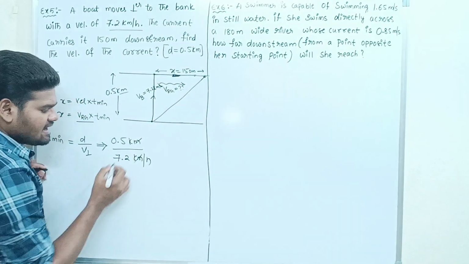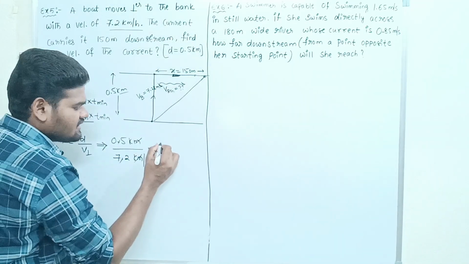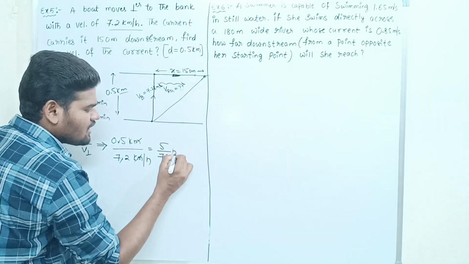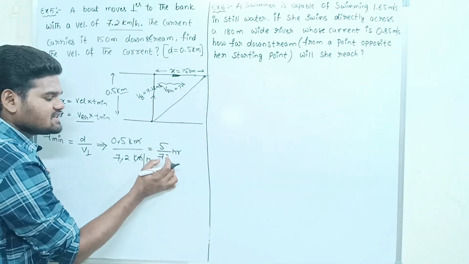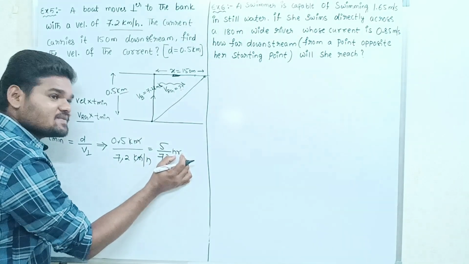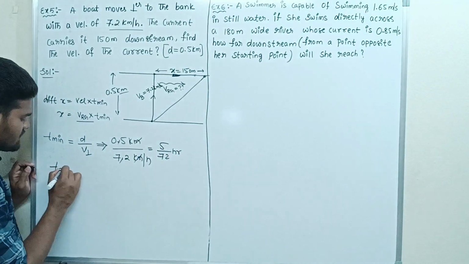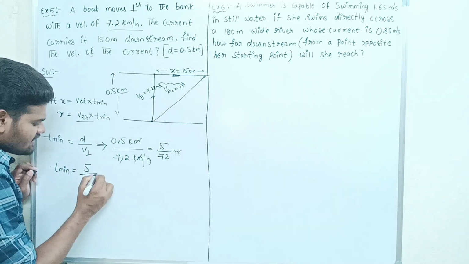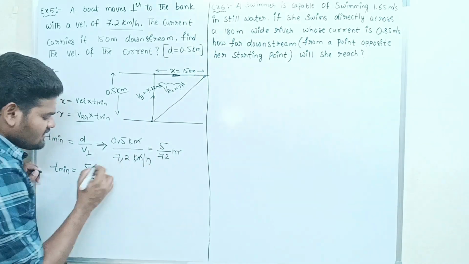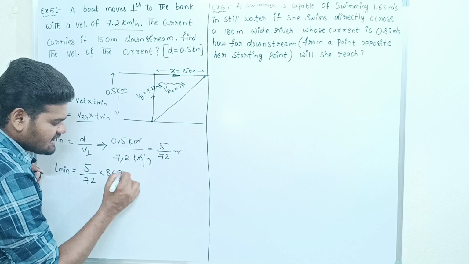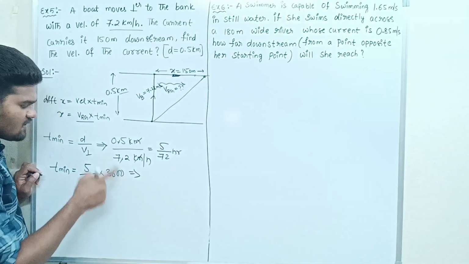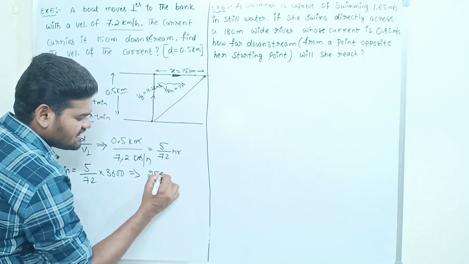Kilometer cancels out and the point cancels out, and you will get 5 by 72 hours. Now convert 5 by 72 hours into seconds. T minimum is equal to 5 divided by 72, and 1 hour is equal to 3600 seconds. If you solve this, you will get 250 seconds.